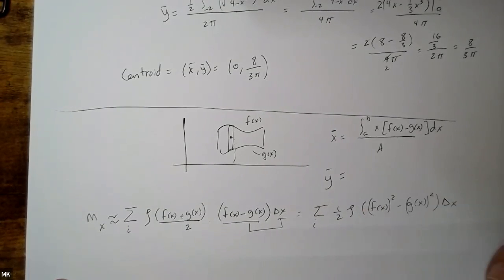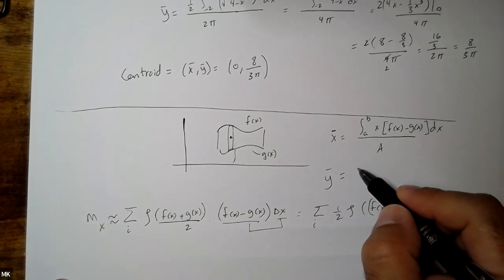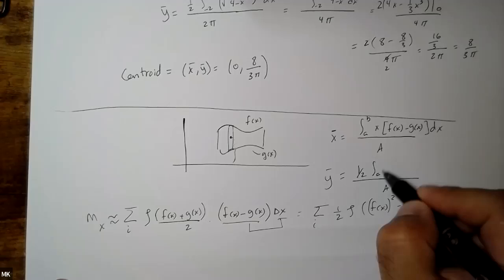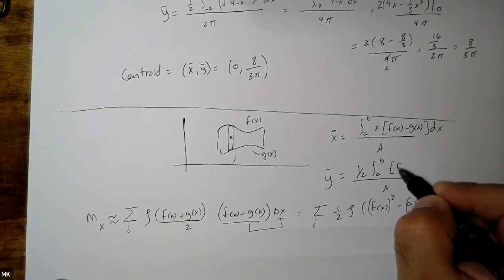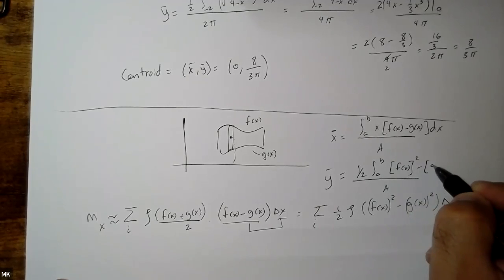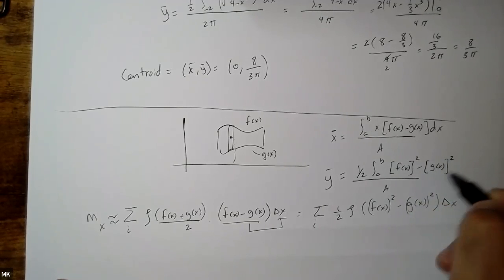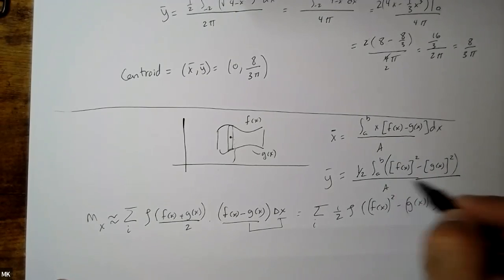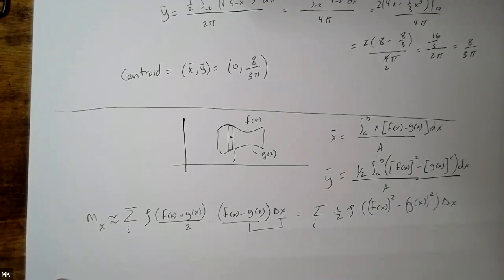So y bar is actually going to be 1 over 2 times the integral from a to b of f of x squared minus g of x squared dx.